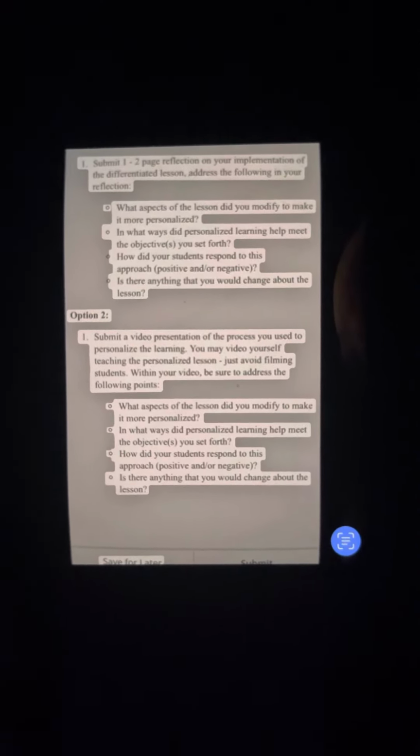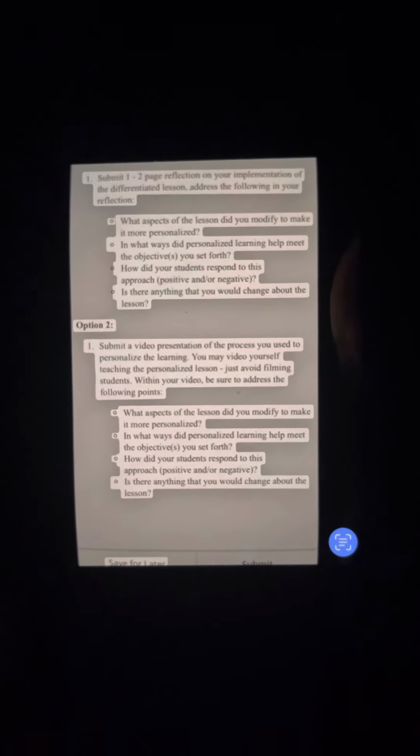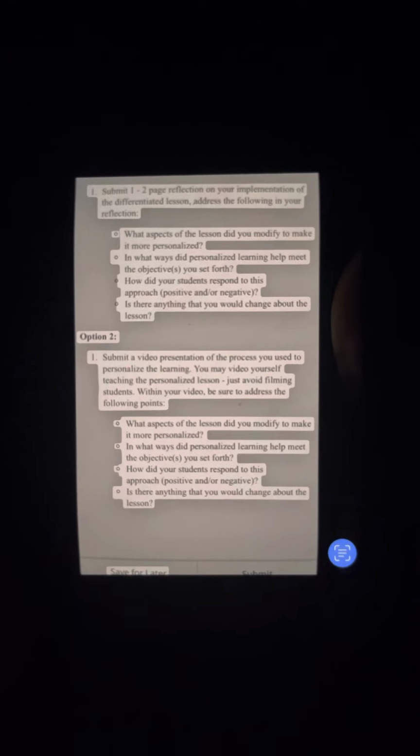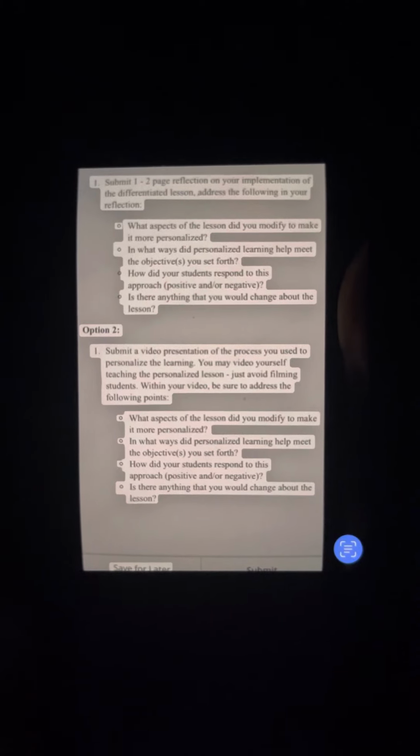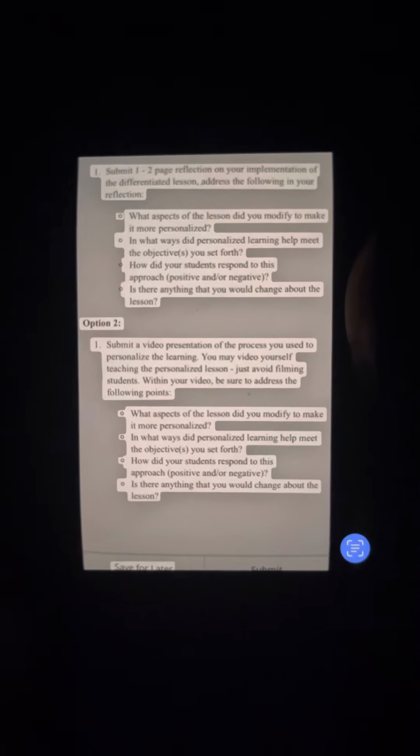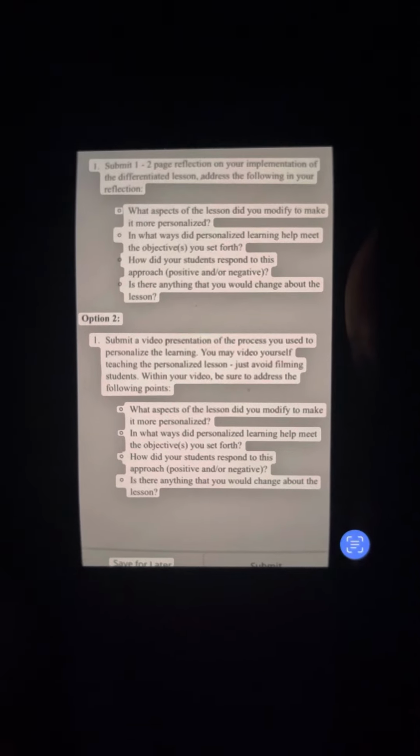So those kids who are not as athletic, or maybe haven't been exposed to soccer or aren't as familiar with the sport, we can slow it down, we can play a game, and we can still get the rigor that is needed to make the lesson more interesting for those students.